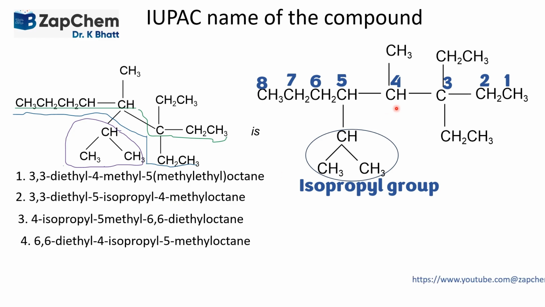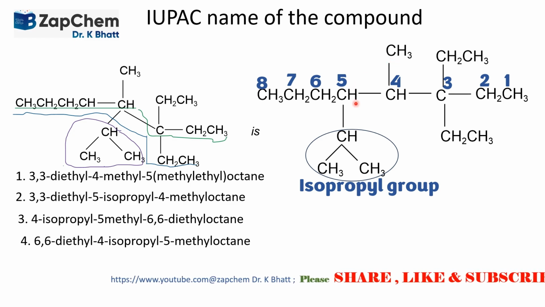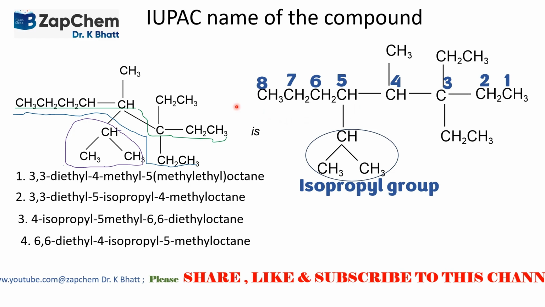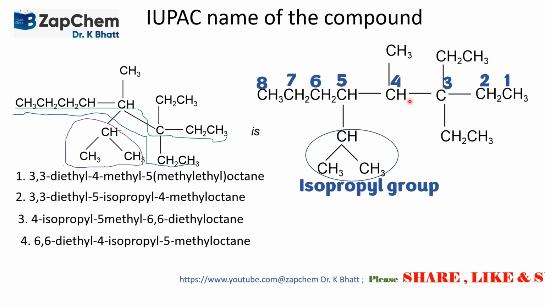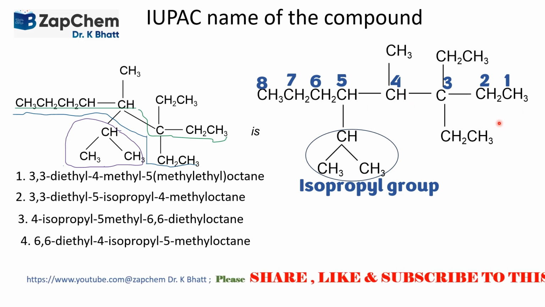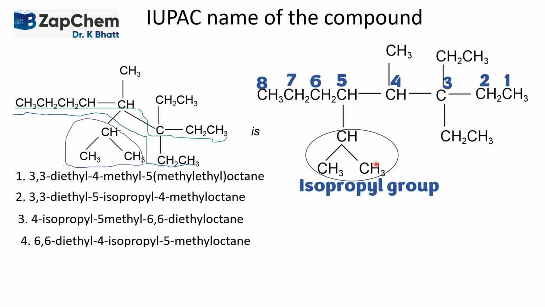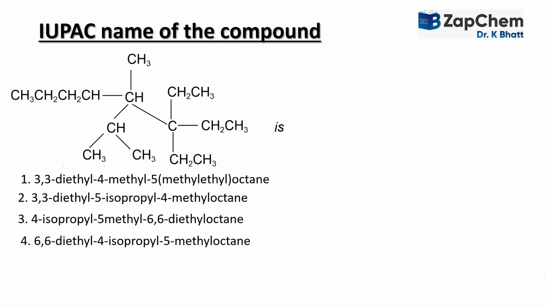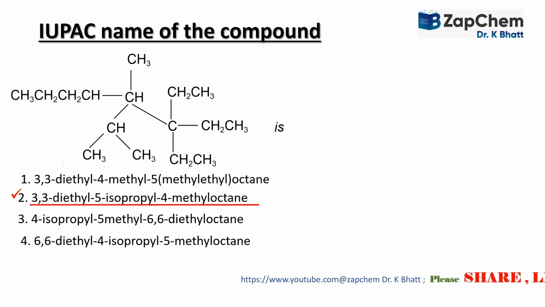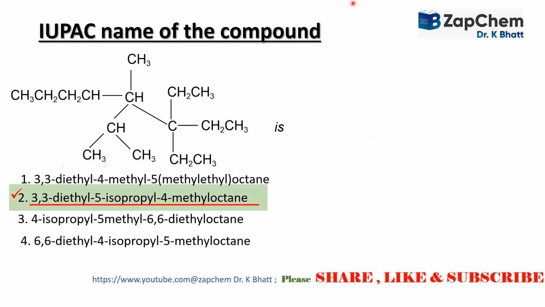At the fourth position, there is a methyl group, as you look here. So what we have found is that it becomes easy to write it in a proper manner, and the structure becomes simpler to name. So therefore, we can say that option 2 is correct. And accordingly, if you come back to the question again, we find that option 2 is correct and this is the correct answer.